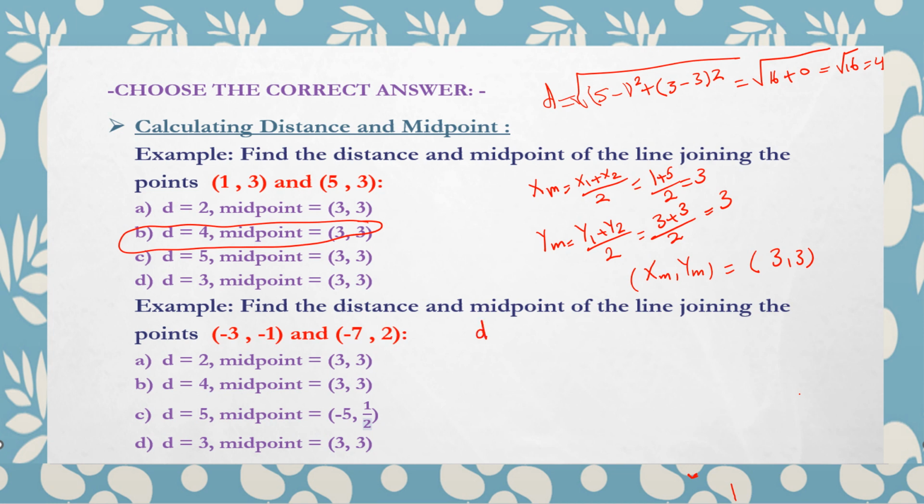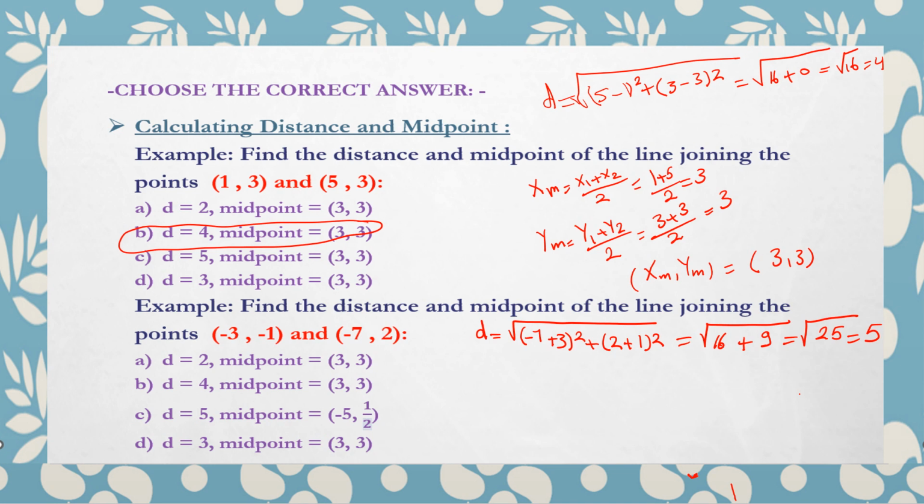Again, the distance equals the square root of (x2 minus x1), which equals (-7 plus 3) squared, plus (y2 minus y1), and this equals the square root of (-7 plus 3 equals -4) squared gives 16, plus (2 plus 1 equals 3) squared equals 9. And this equals 25. So the distance is 5.